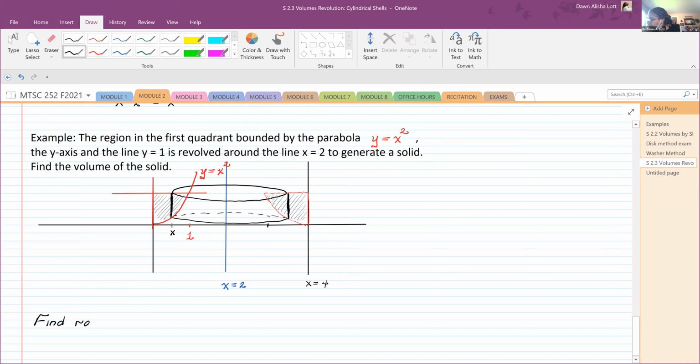All right, so let's start with the radius first. One thing you must remember, this is x equal to 0. And this distance from here to here is x. But the radius of the circle is this distance.